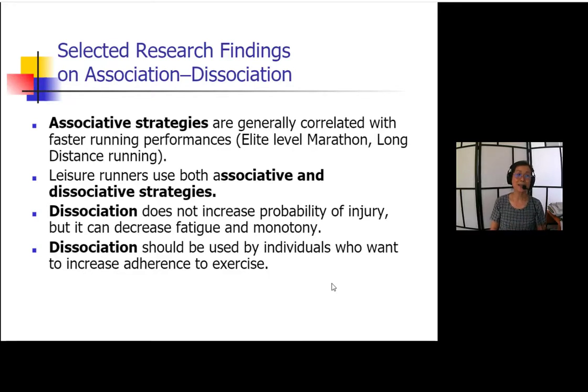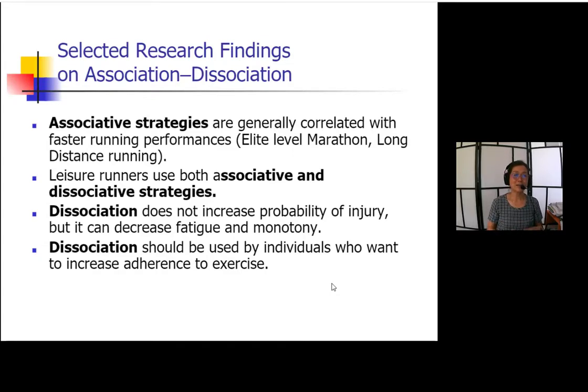However, they say leisure runners use both associative and dissociative strategies. And oftentimes people think, oh, if you distract yourself from running, you are more prone to injuries. But researchers found that it's not really true.